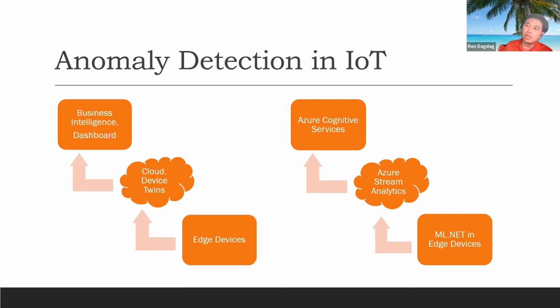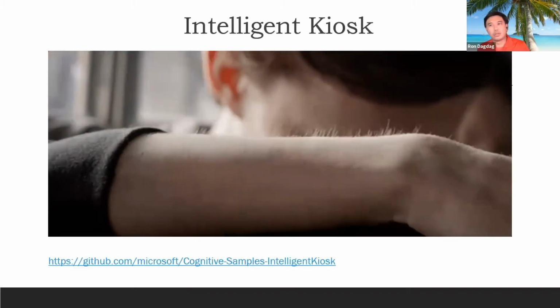You have streaming data that gets passed from your edge devices or your gateways, from your sensor data up to the cloud, and you can figure out anomalies from there too, using Azure Stream Analytics. Another one is through Azure Cognitive Services. It's more high-level API calls that you can just include in your dashboards or your business intelligence. Also, you can run it through your edge devices too. So those are different ways you would do it in Azure.